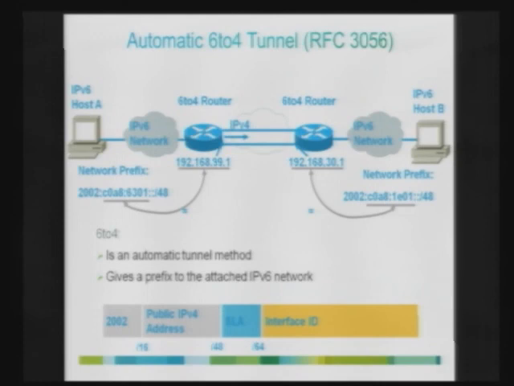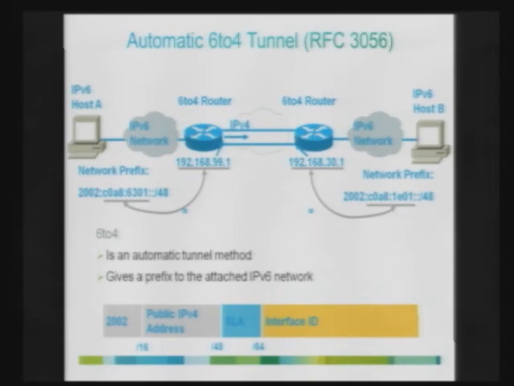So let us look at this scenario here. If IPv6 host A wants to communicate with IPv6 host B, through some mechanism it is aware of the address of IPv6 host B, which is 2002:such and such, a /48 prefix it is using.